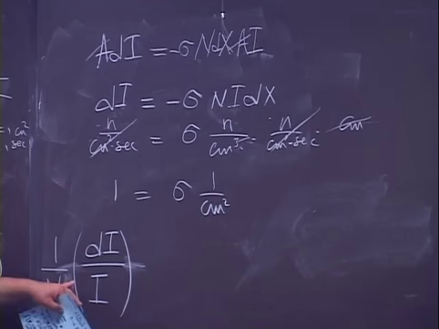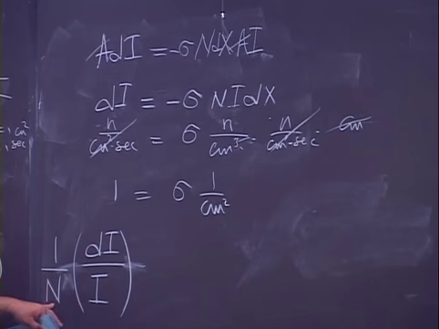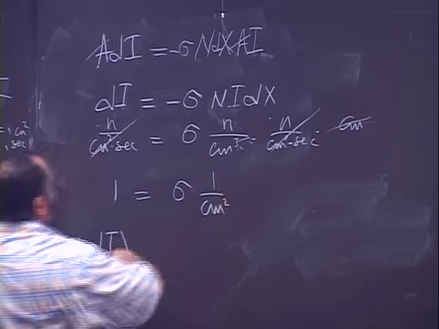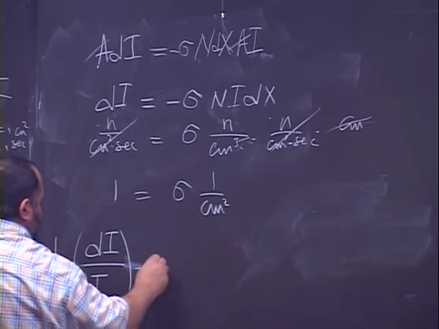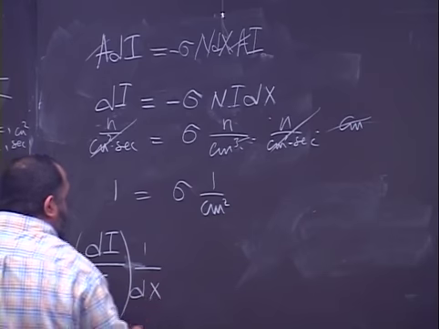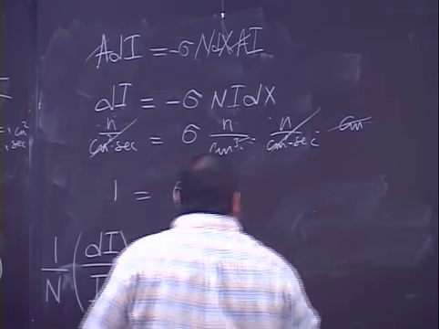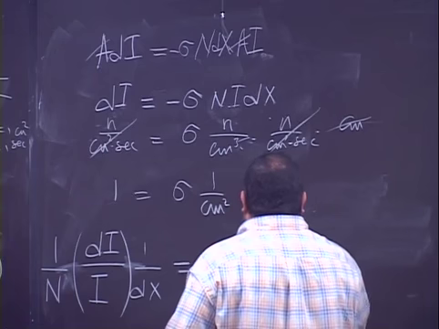So this is the probability per nuclei, yes? Probability per nuclei per unit volume, yes? And then when you divide by delta x, this will give you sigma. So sigma is probability.